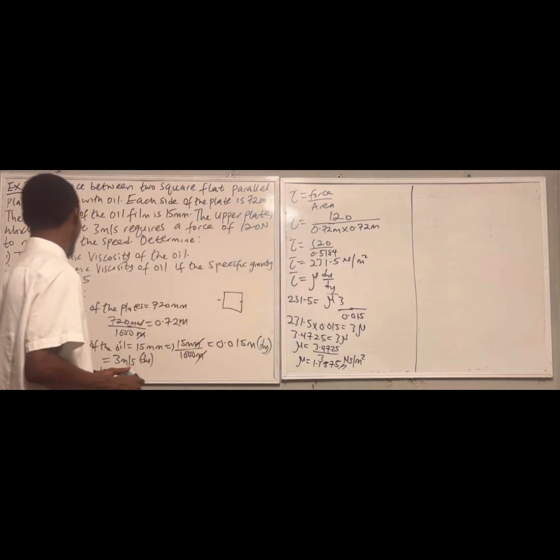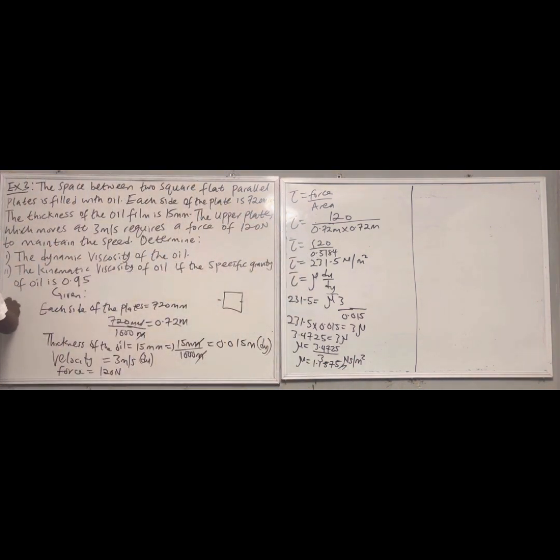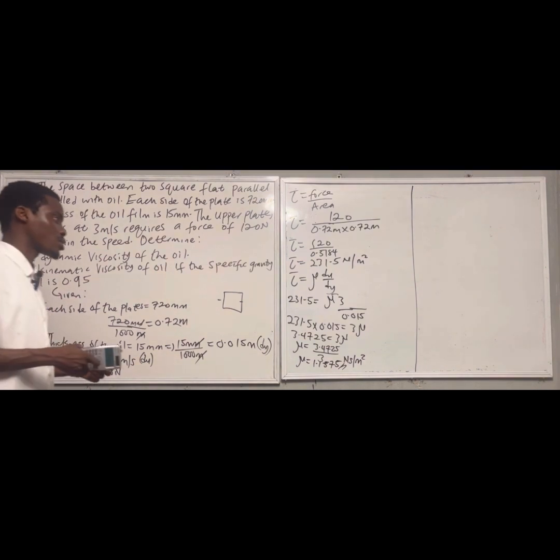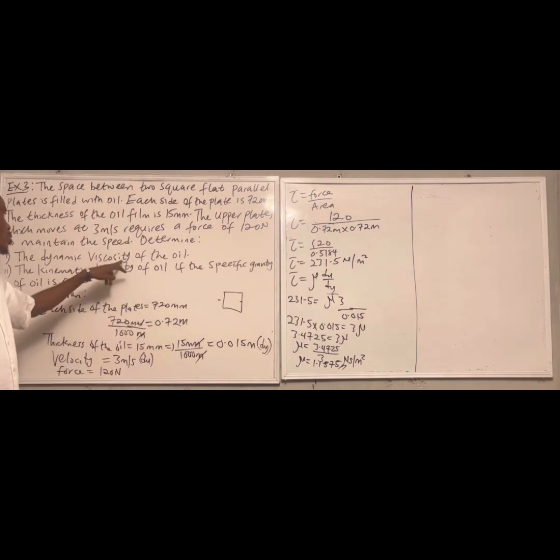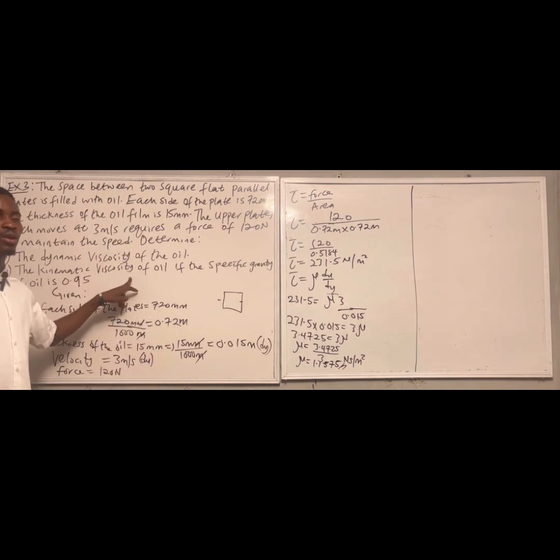Since I've calculated the dynamic viscosity of the oil, I have to go and calculate the kinematic viscosity of the oil, if the specific gravity of oil is 0.95. Kinematic viscosity is the ratio between viscosity and the density of the oil.